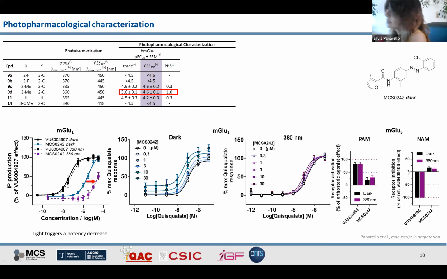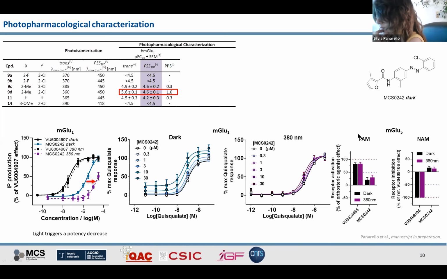So as you can see in this graph, in particular, MCS0242, that is the best hit of this first series, is basically unable to activate or inhibit the mGlu5 receptors if compared with the corresponding reference standard compounds, PAM and NAM respectively.